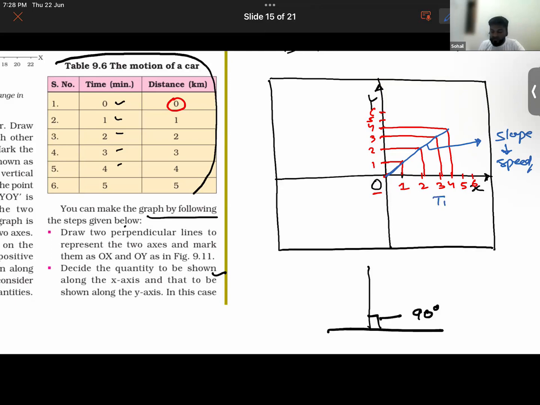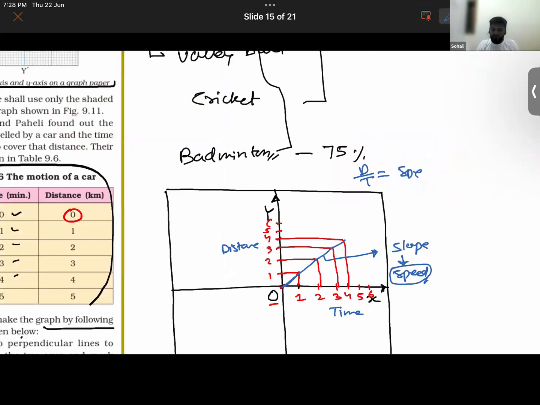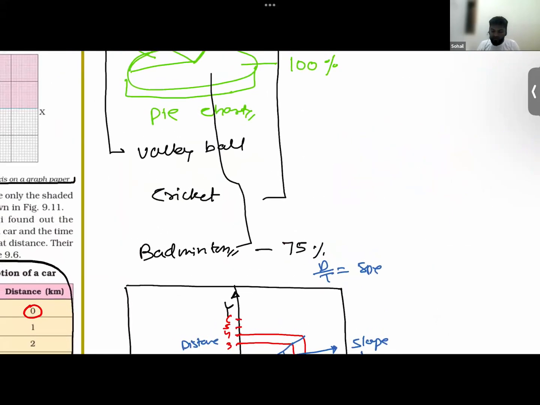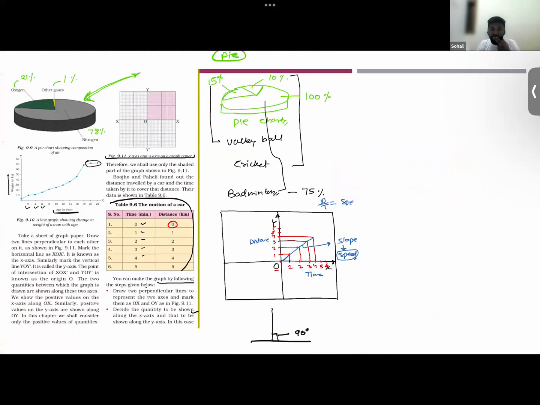In this case, it was a time and distance graph. And we know distance upon time gives us what? Speed. So this slope will represent speed here.